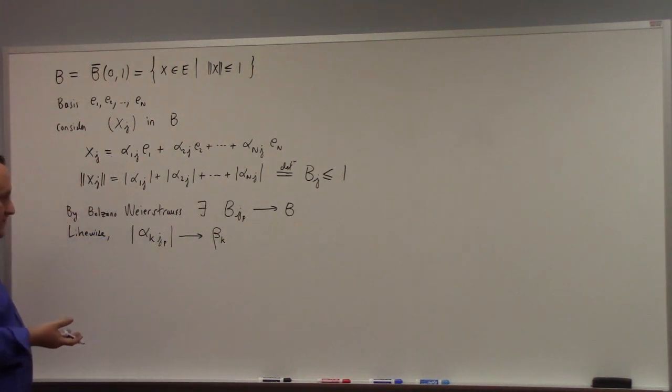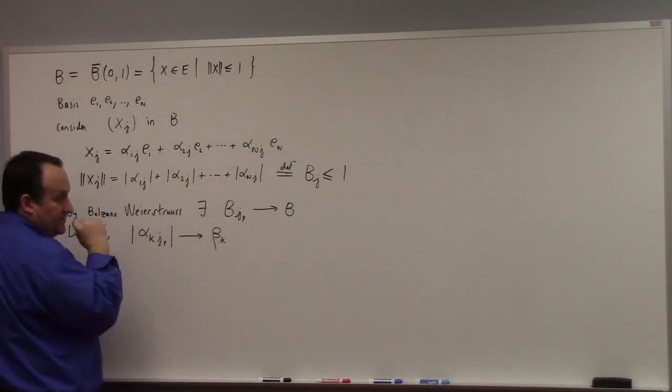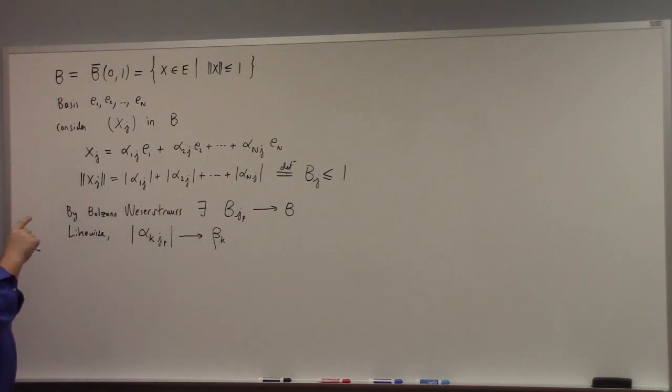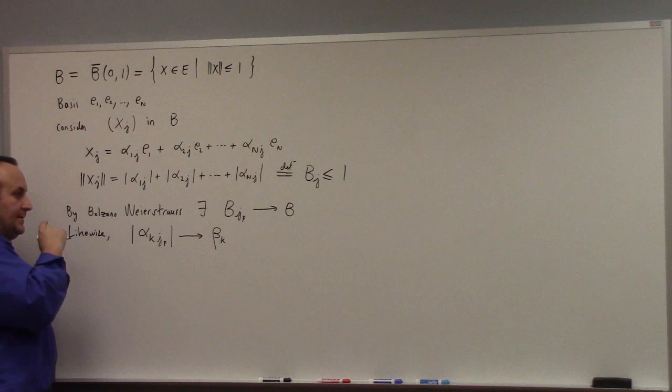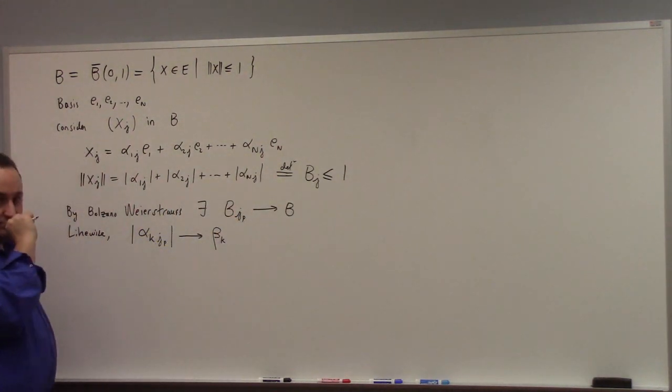How do I know that? I'm just talking about the absolute value of the kth coefficient. It is smaller than the beta j, and the sum is monotonically increasing.